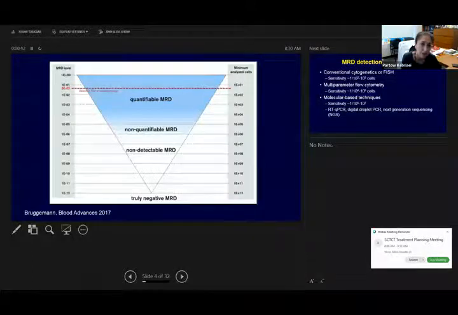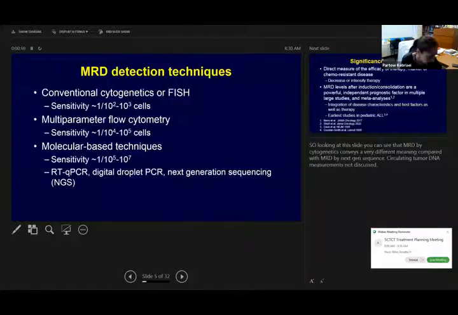And so I think this is just a reminder of what MRD really means, and that the levels are constantly changing as we develop more sensitive techniques.